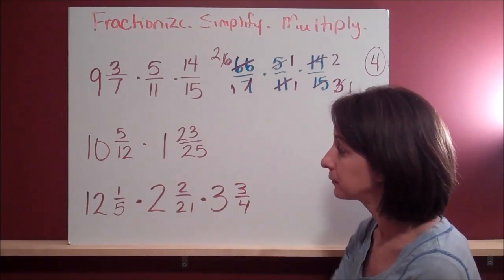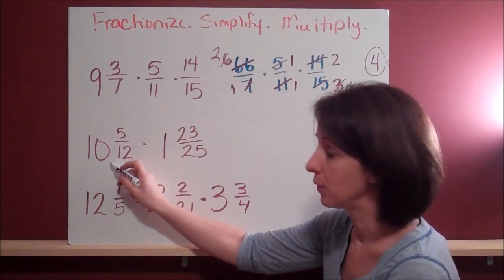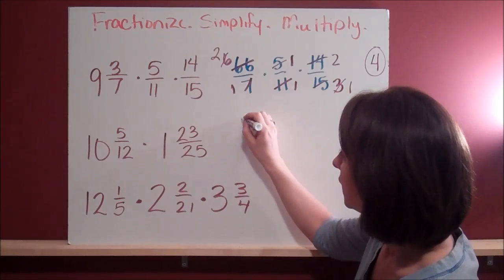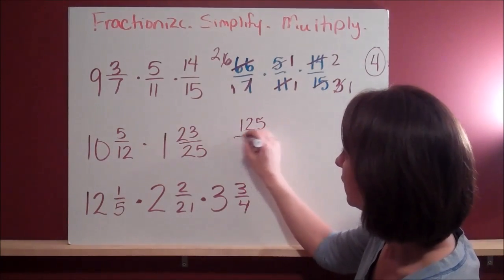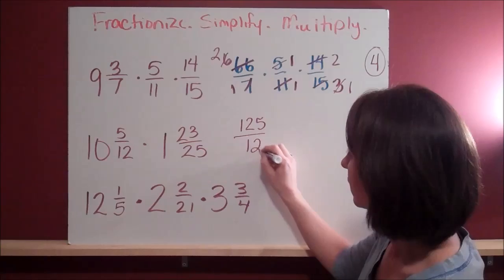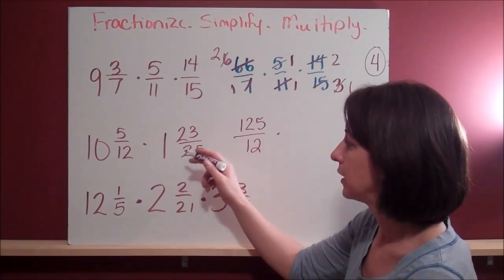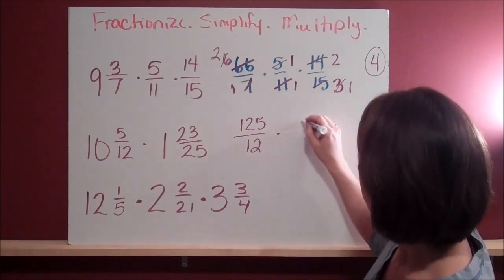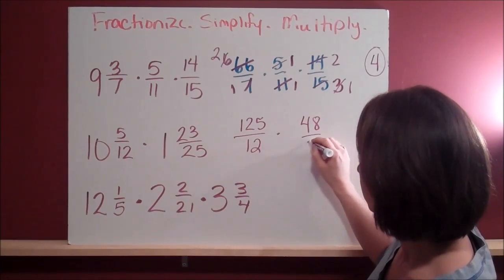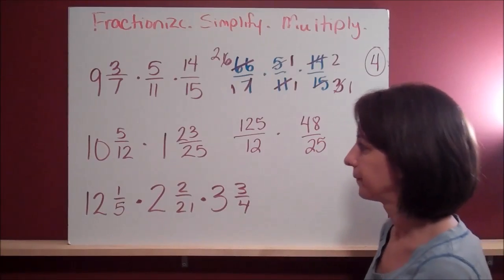Let's try another one. 10 times 12 is 120, plus 5 is 125 twelfths, times 25 times 1 is 25, plus 23 is 48 25ths.